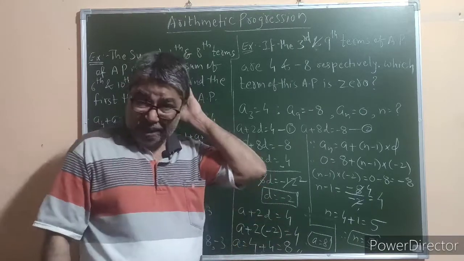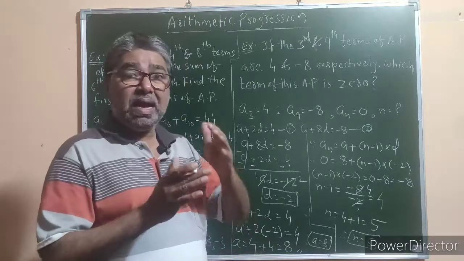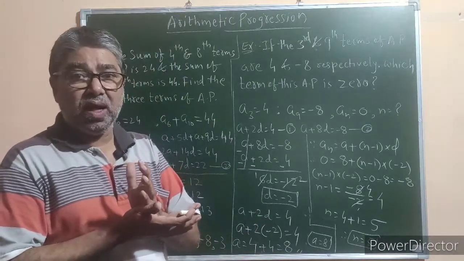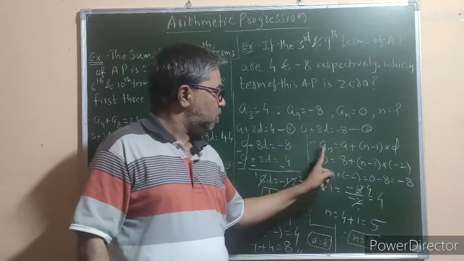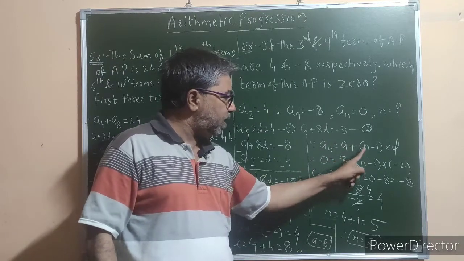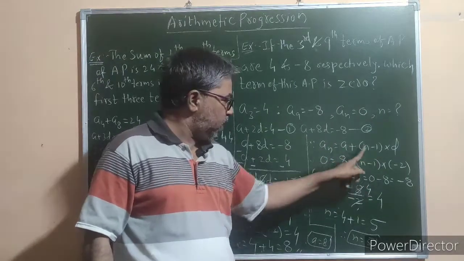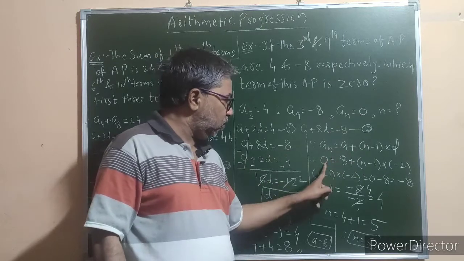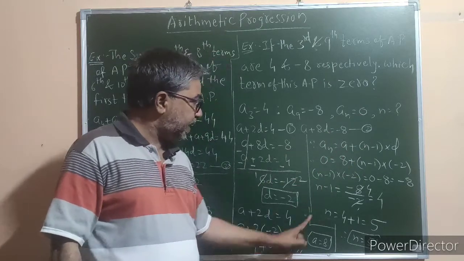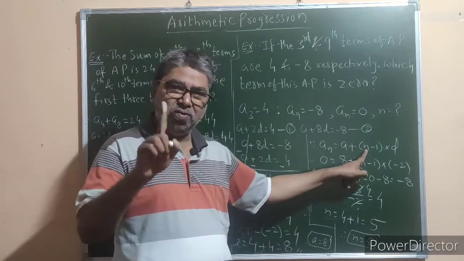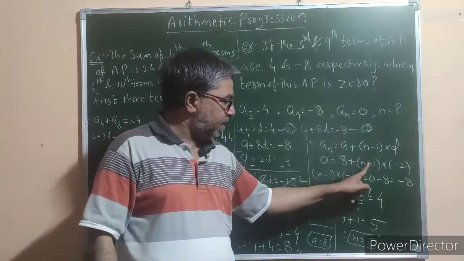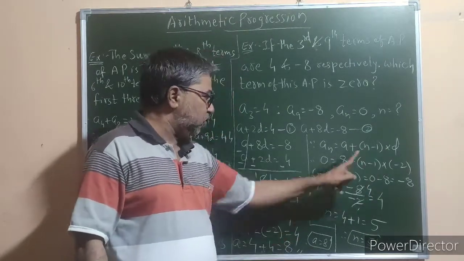So after getting the value of d and the value of a, apply the same an formula to find the value of n. Since an is equal to a plus n minus 1 into d, this is the formula. So an value is 0 is equal to a's value is 8, plus, since we are solving for n, write n as it is, n minus 1 into d's value, which is minus 2.